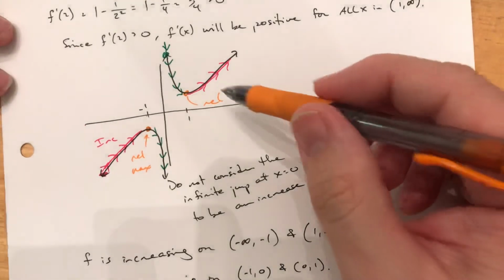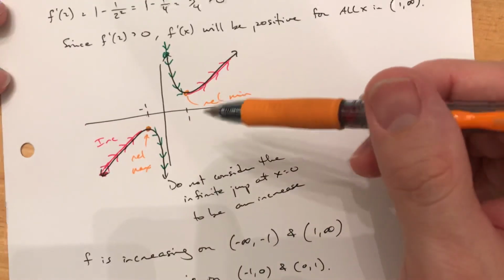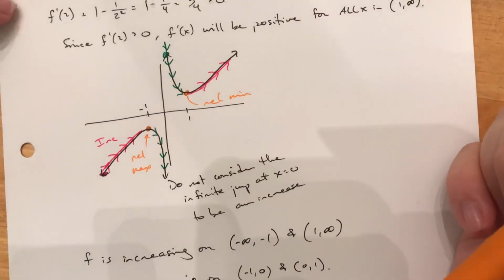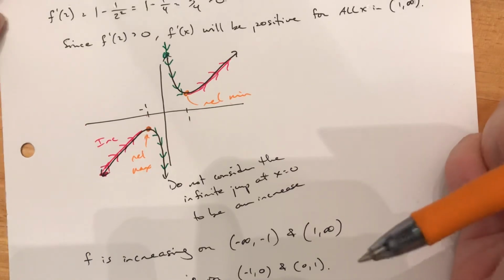So we'll talk about the consequences of increasing or decreasing to help us figure out whether a function has a relative maximum or minimum, and how to figure out which one is which. So we'll do that in the next video.